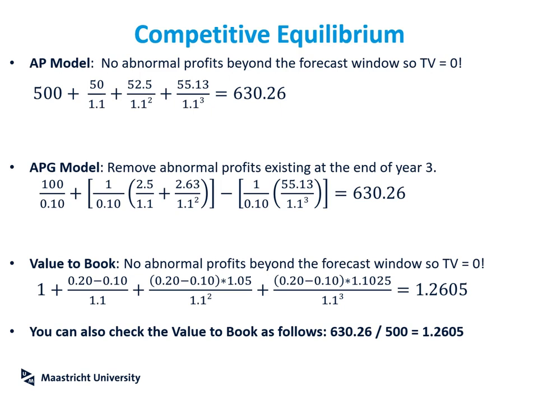Then we still need to look at what happens in our terminal value window. And in this case, we actually have negative abnormal profit growth. We can see it from the abnormal profit model. The abnormal profit that we had at the end of year 3, so at the end of our forecast horizon, was 55.13. Now what we're saying is that in our terminal value window, we don't have any abnormal profits.